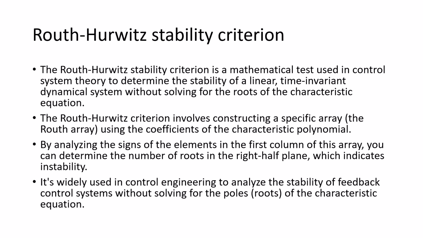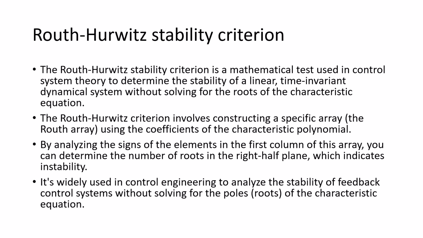Routh Hurwitz criteria involves constructing a specific array, which is known as Routh array, using the coefficients of the characteristic polynomial. By analyzing the sign of the elements in the first column of this array, you can determine the number of roots in the right half plane, which indicates instability.